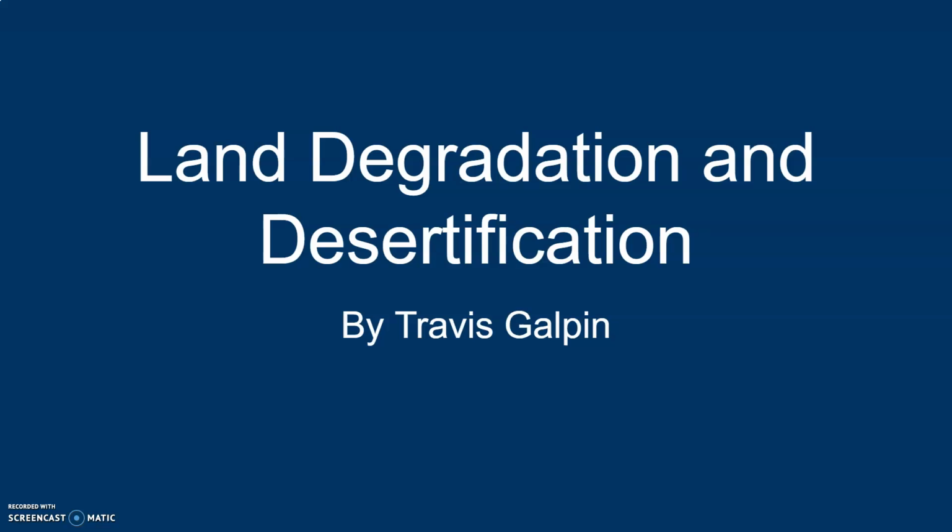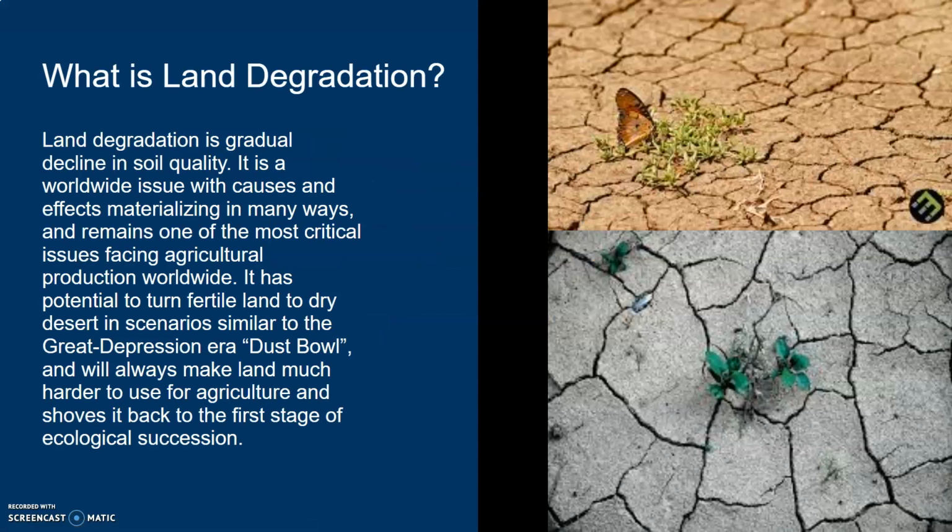Let's start. So land degradation is an issue with a wide scope. There's a lot of causes and effects, and as it relates to sustainable agriculture, it encompasses all of sustainable agriculture.